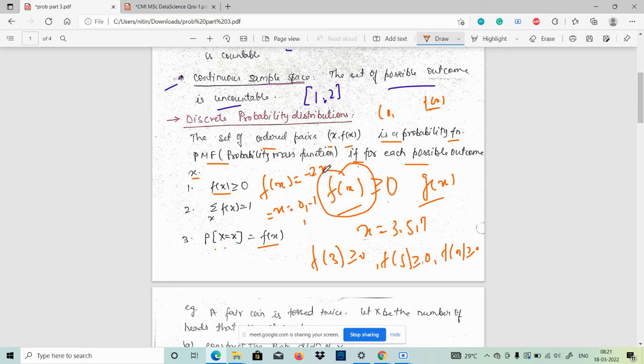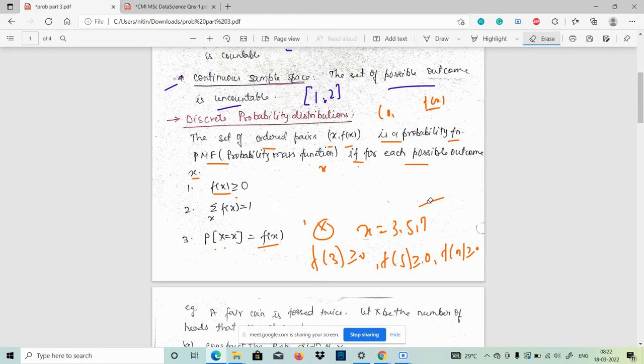If you put in 0, you just get 0, which is fine. If you put in 1, you get a negative value, which is not allowed here. If you take minus 1, you get a positive value. So this is the first property you need to think of if anyone says a function is a probability mass function.